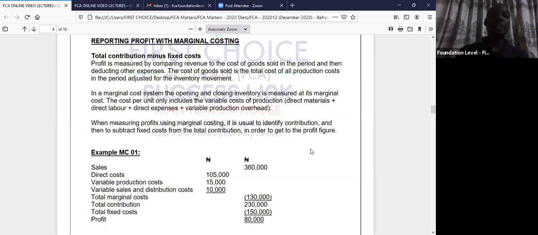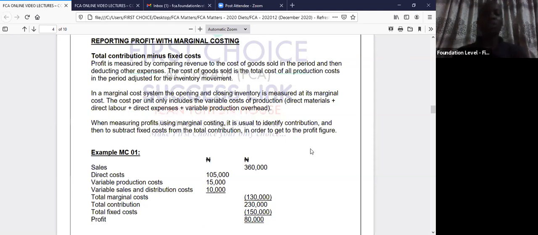Then you now add your production costs. When you add your production cost of 15,000 to 105, of course, that is 120. That 120 is what we call marginal production cost.